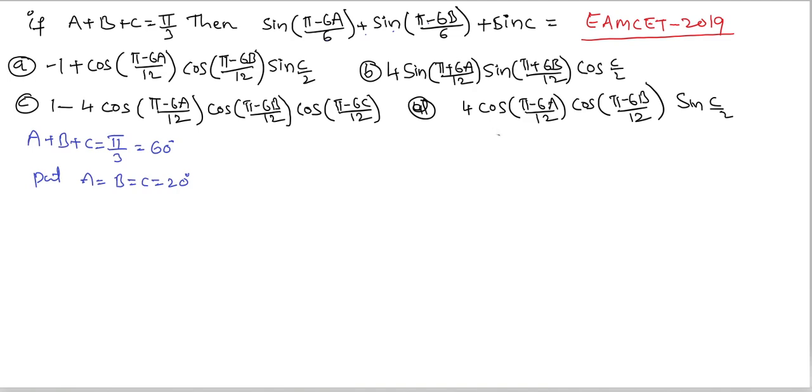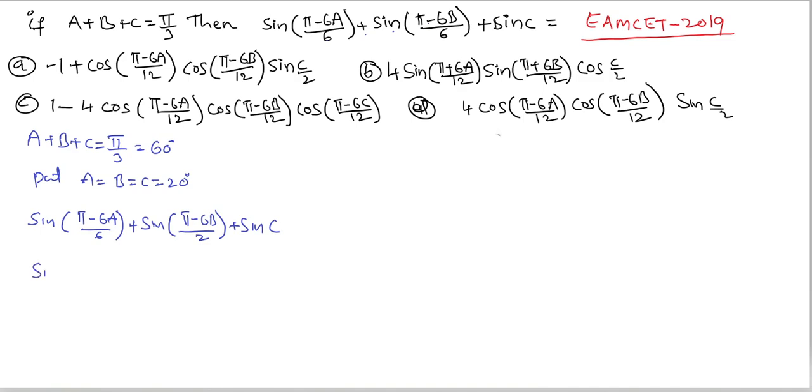Substituting these values in the given problem, that is sine of (pi minus 6a) by 6 plus sine of (pi minus 6b) by 6 plus sine c.